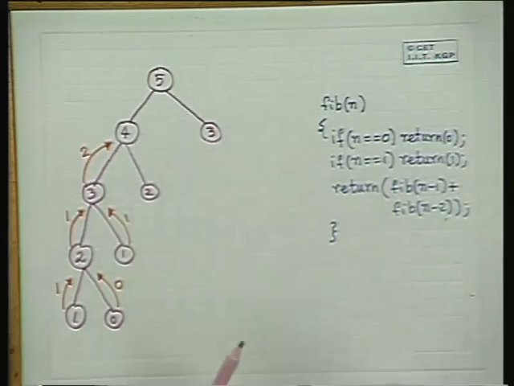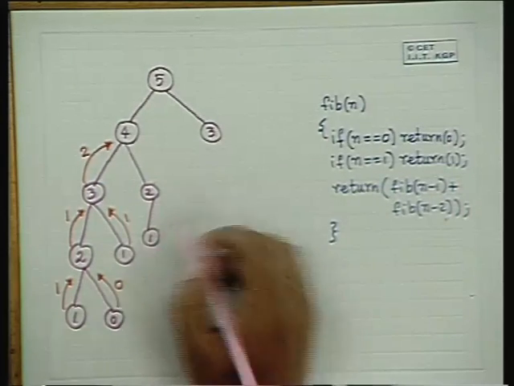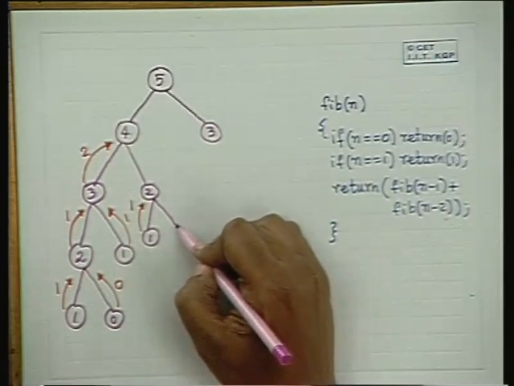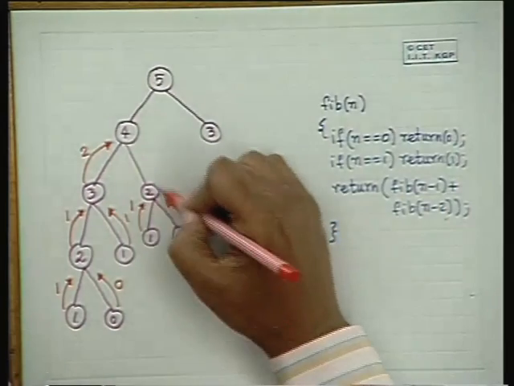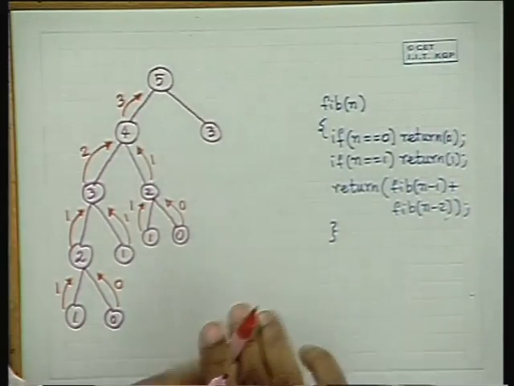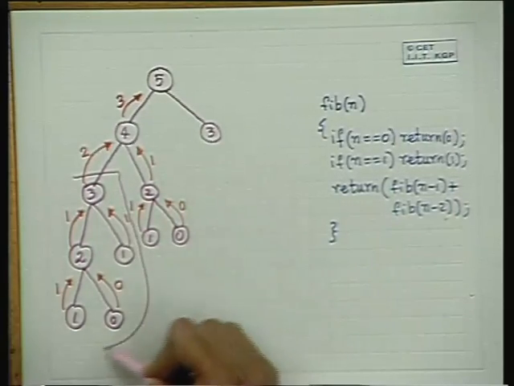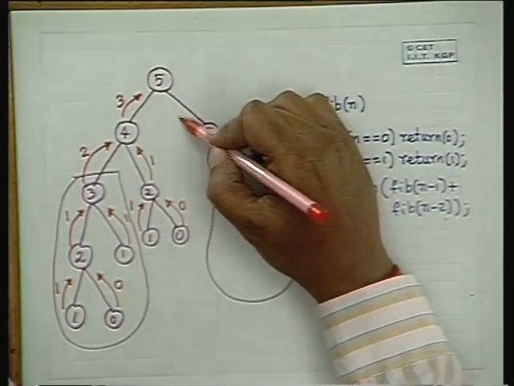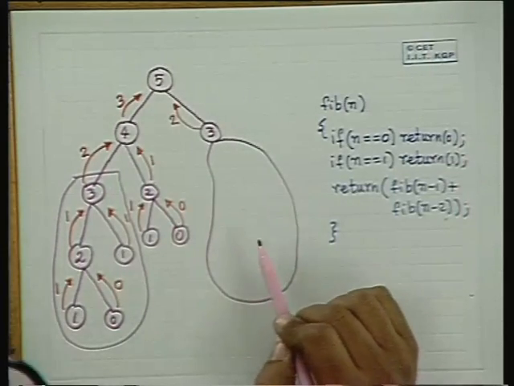Similarly, it will come here, and again you will start solving 1 to return a value 1, then 0, return 0, then this will combine to return 1, this will combine to return 3. It will come here and repeat all these steps, so this structure will be repeated here. The whole sequence will be repeated, and this will return 2. So this is how we will be able to solve the Fibonacci number problem.